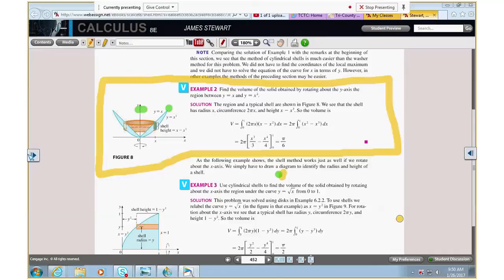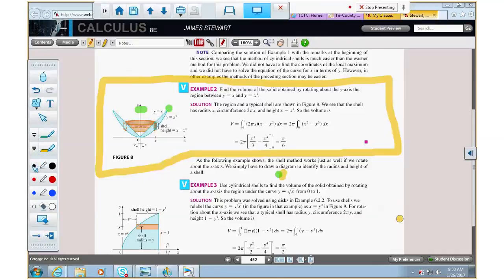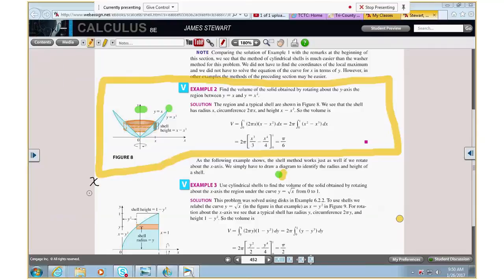And of course, it'd be nice if I could get a pen here. Yeah. So x is equal to x squared, and x squared minus x is equal to 0, and 0 is equal to x times (x minus 1). So it crosses at 0 and what? 1.